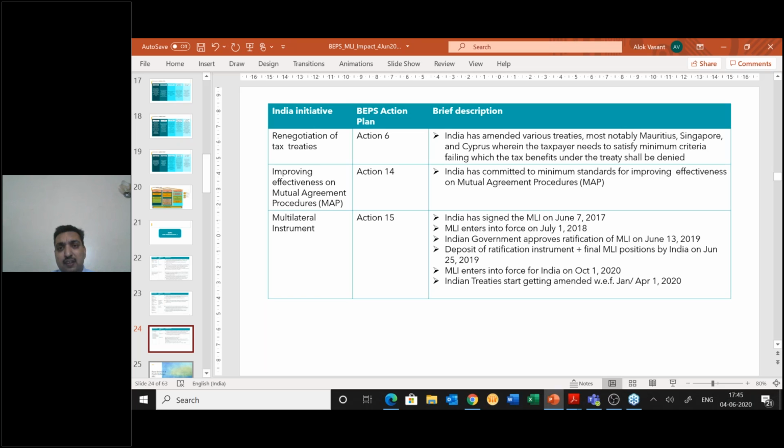So this is what has been done at the India level. And this is something which I wanted to talk about in this first session to give you a brief on what BEPS is all about and how pursuant to BEPS changes have been made in the domestic tax law.